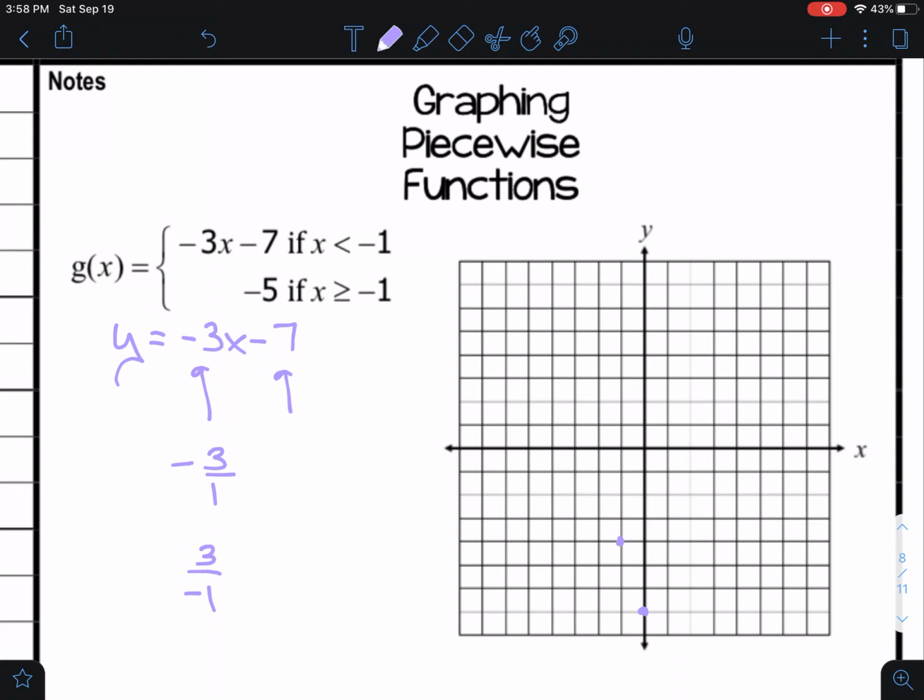And I'm going to do that multiple times. Okay. Now, so I can draw my line here.